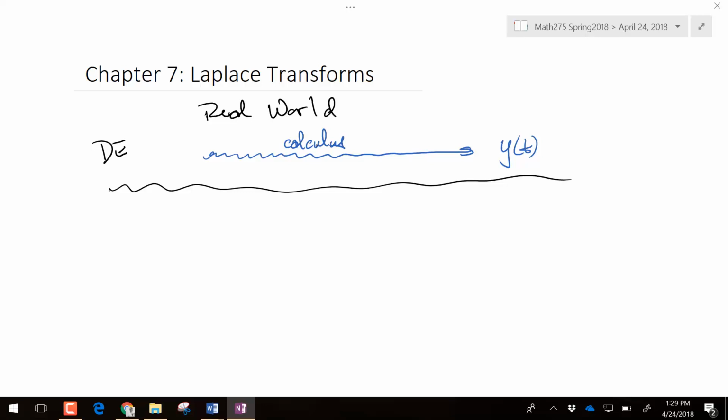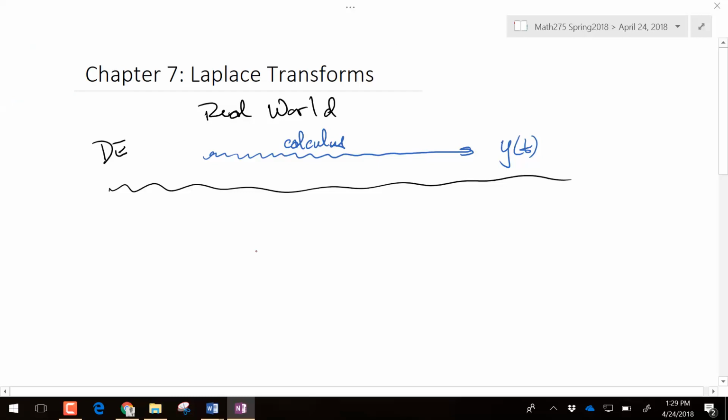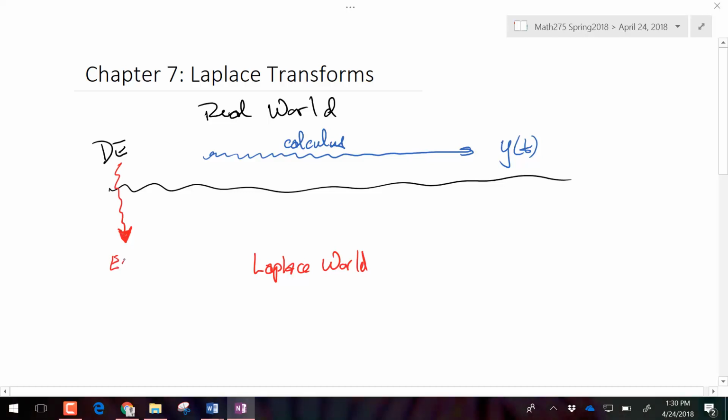So what we're going to do is change worlds and go to another world, and let's call the other world the Laplace world. And what you're going to do is take your differential equation and transform it into another expression over here.